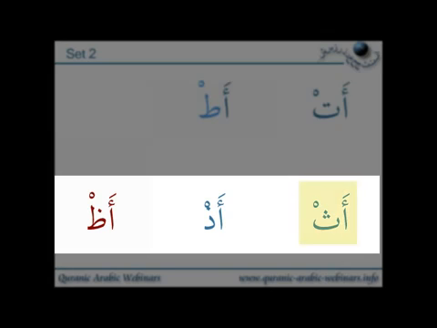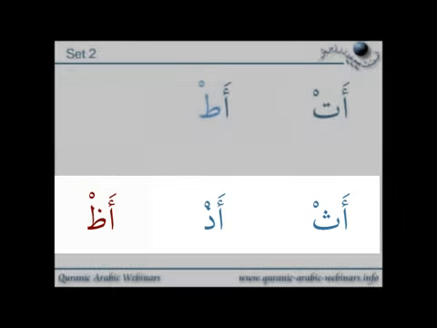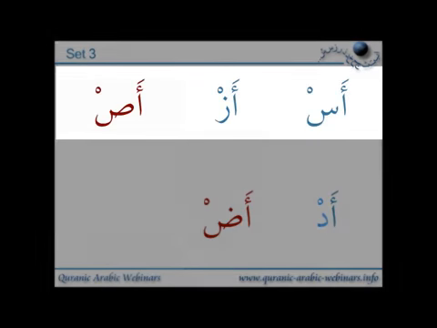So all three of them: ath, adh, adh. Set 3. We have sin, za or zay, and sad.